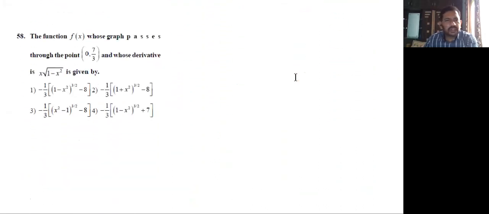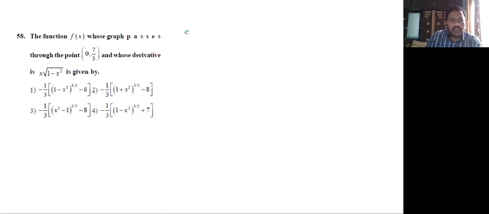58. See this question. How to do that? The function f of x whose graph passes through the point 0 comma 7 by 3 and whose derivative is x into under root 1 minus x square is given by.